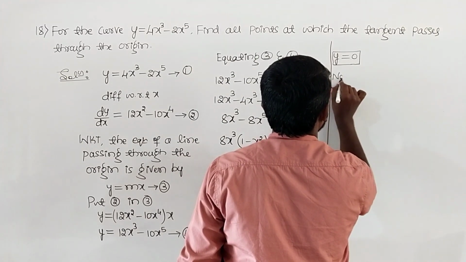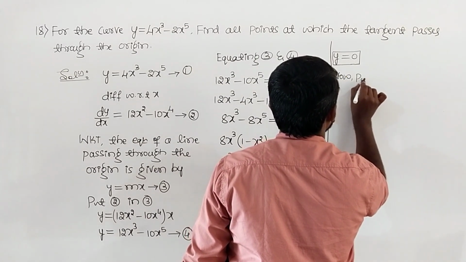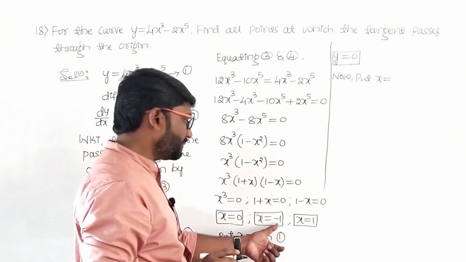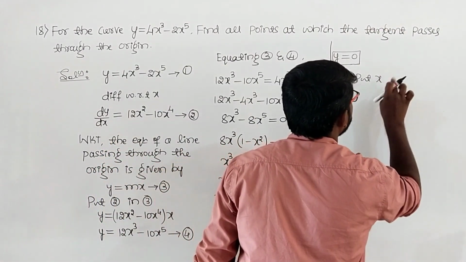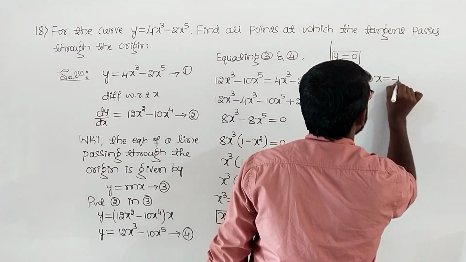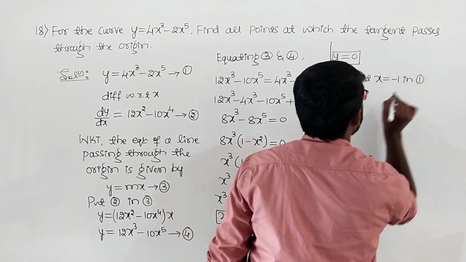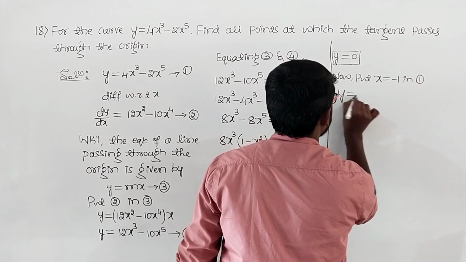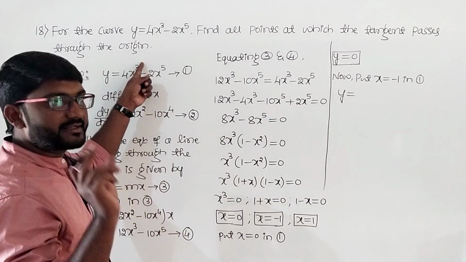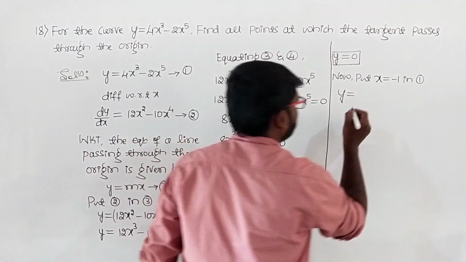Now put x equal to, what is the other point? It is minus 1. Put x equal to minus 1 in equation number 1. y is equal to, so see here, minus 1 cube will be minus 1, minus 1 into 4 it is minus 4.